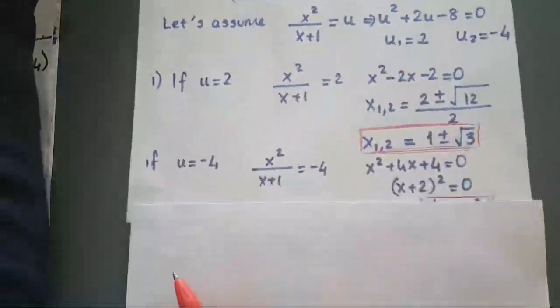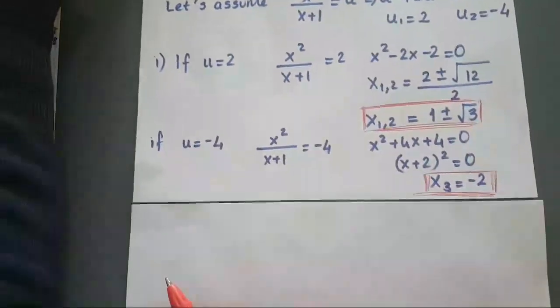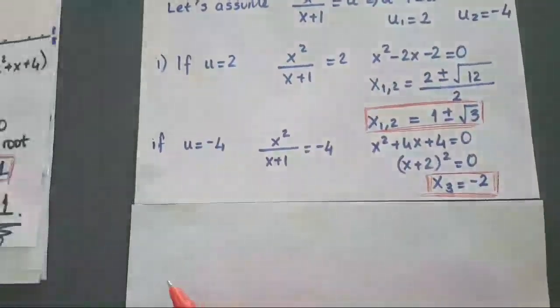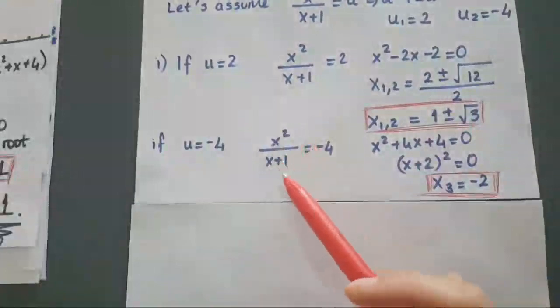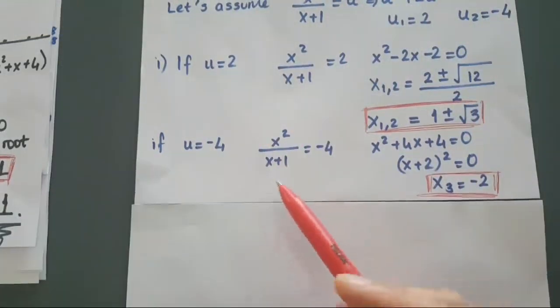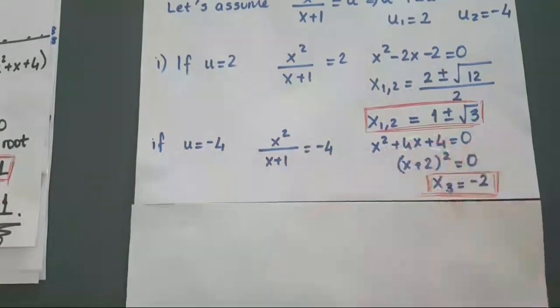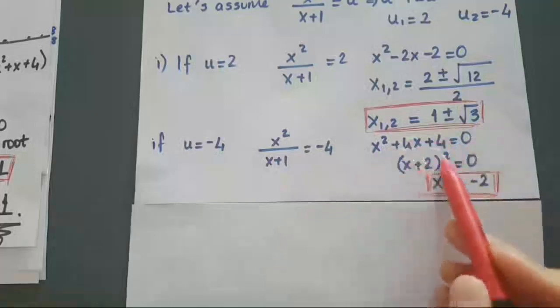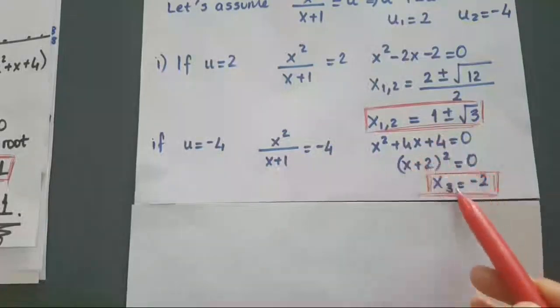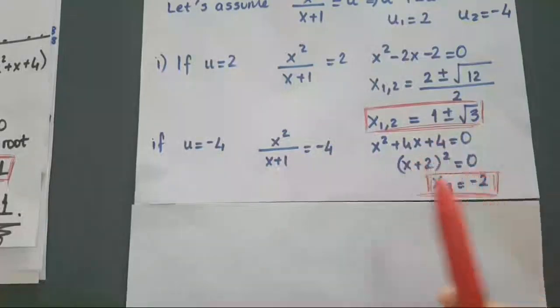And if u is minus 4, here we get x squared over x plus 1 is minus 4. And the quadratic equation is x squared plus 4x plus 4 is 0, which is the perfect square of x plus 2. So the third root is negative 2.